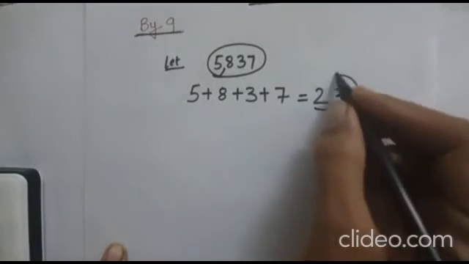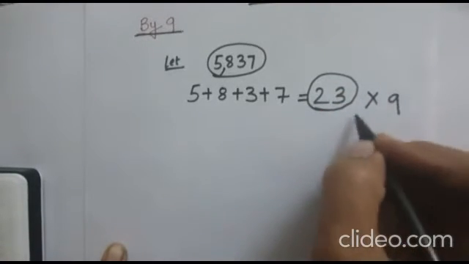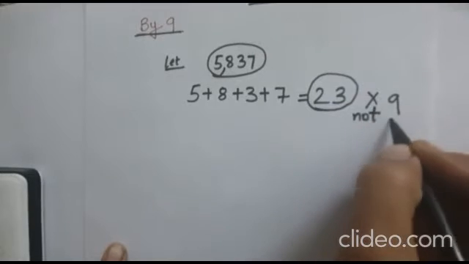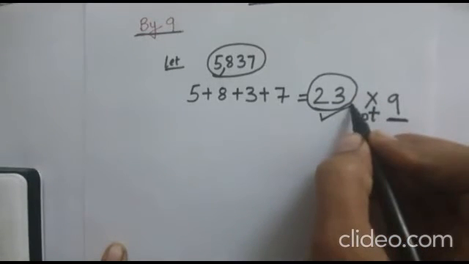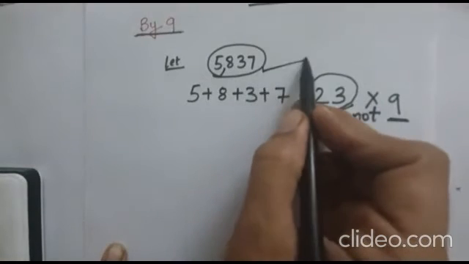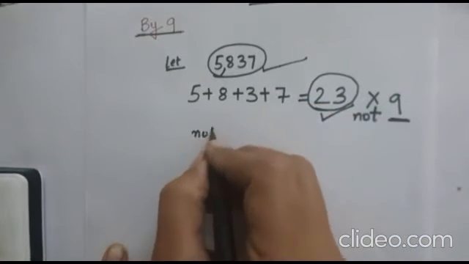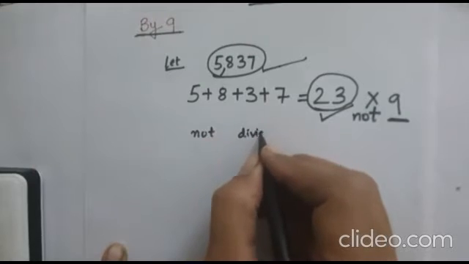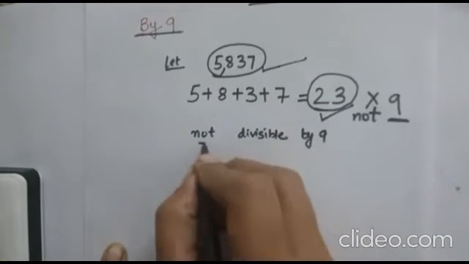Now 23 is not divisible by 9. If this is not divisible by 9, so the whole given number is not divisible by 9. Clear?